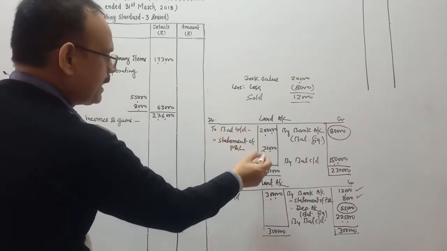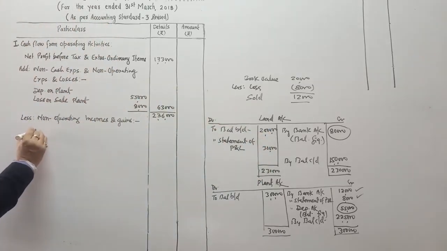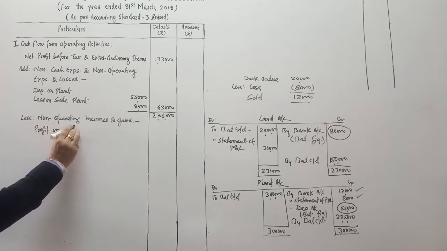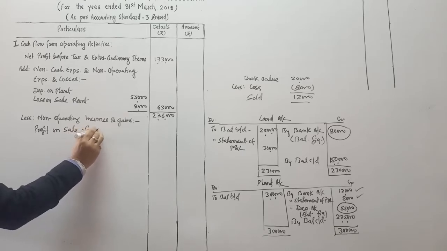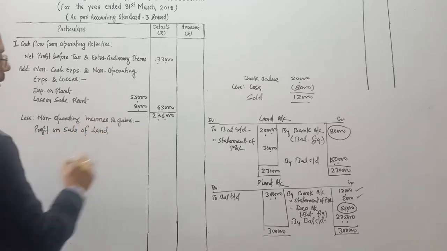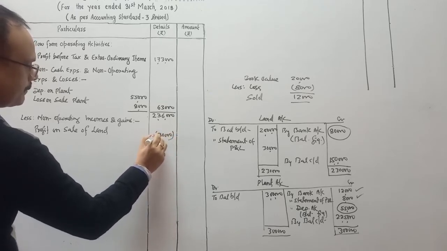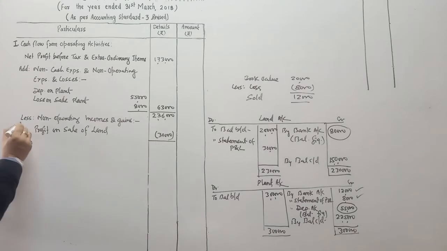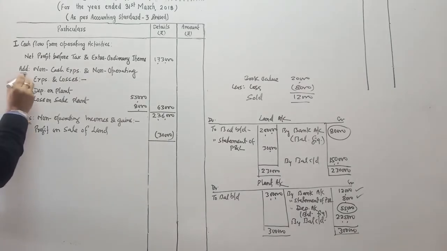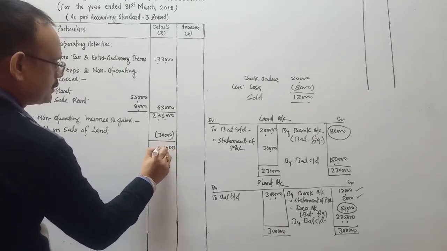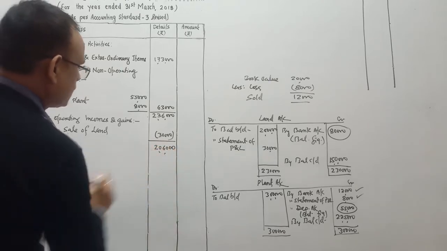Land is sold at a profit of 30,000. So profit on sale of land is a non-operating income, a non-operating gain, that is 30,000. You deduct it from this figure, because this one is add. So the figure is 2,06,000.